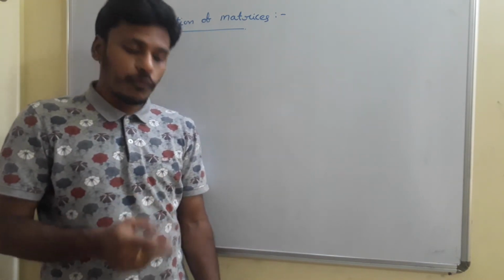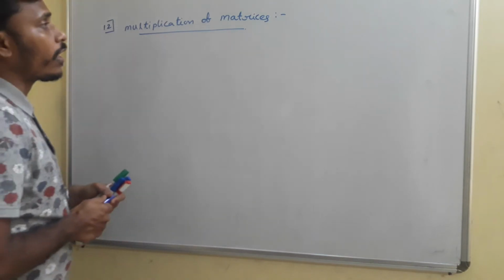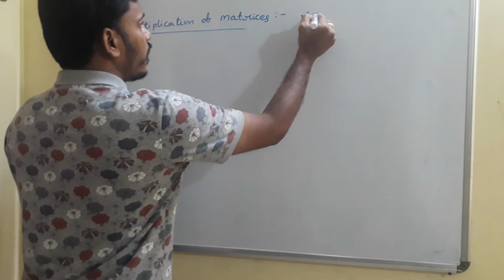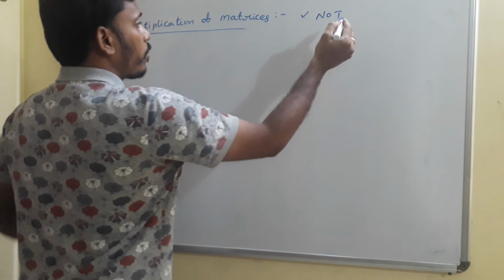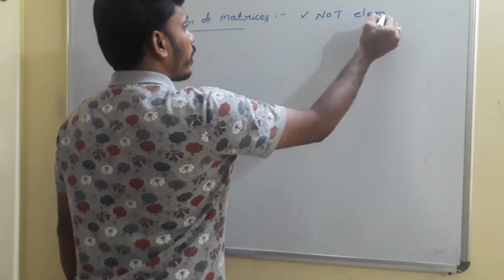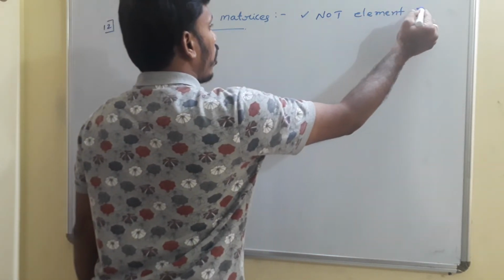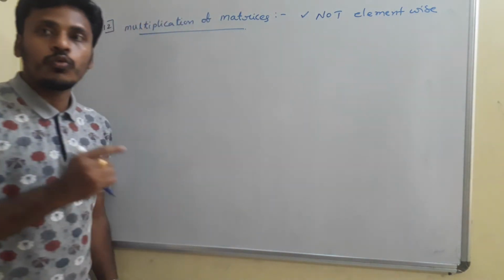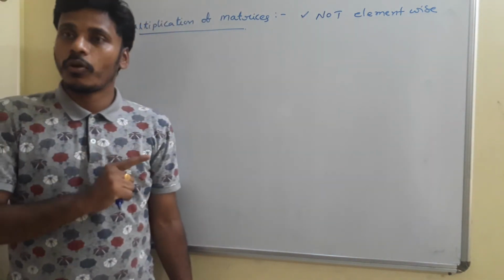So multiplication of two matrices is, first thing, not element wise. Addition is element wise and subtraction is also element wise, but multiplication is not element wise. In the sense you can't multiply their corresponding elements.